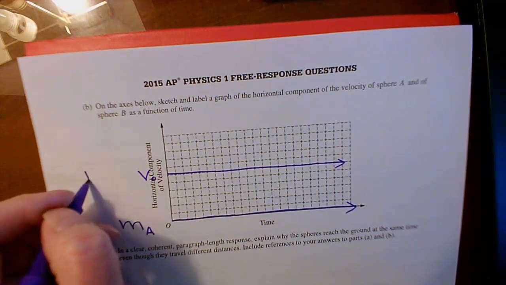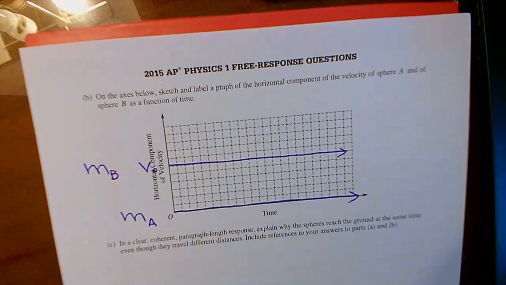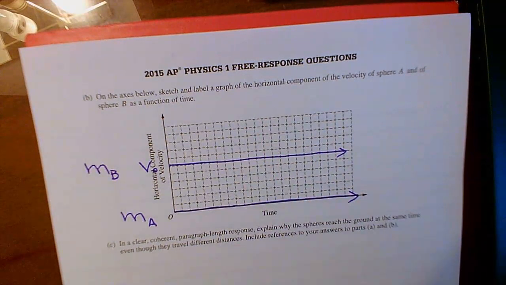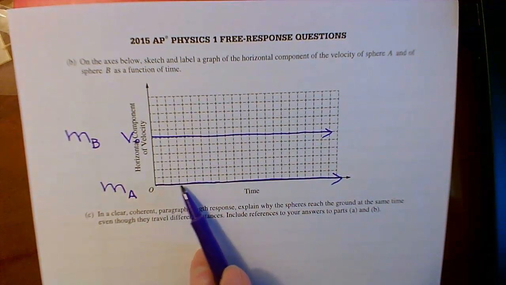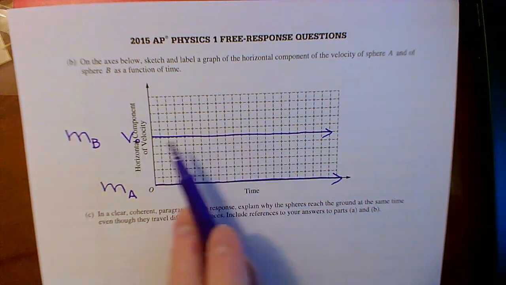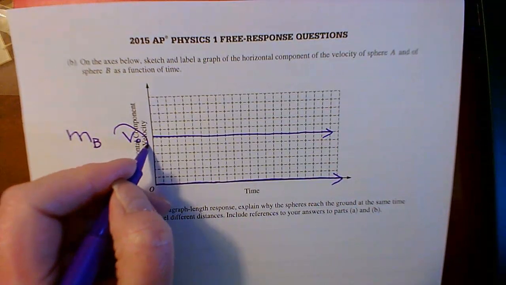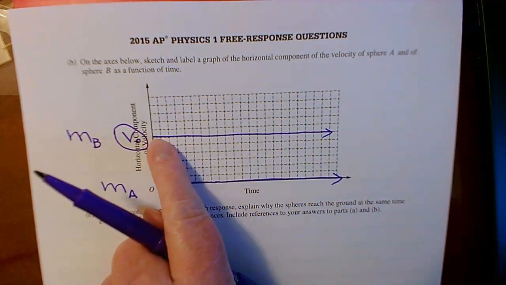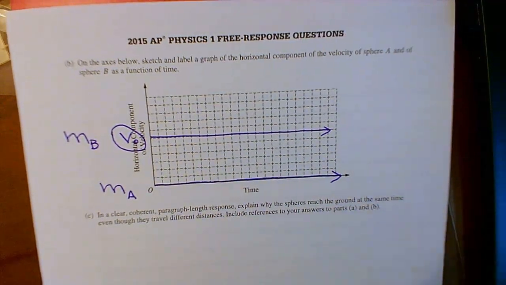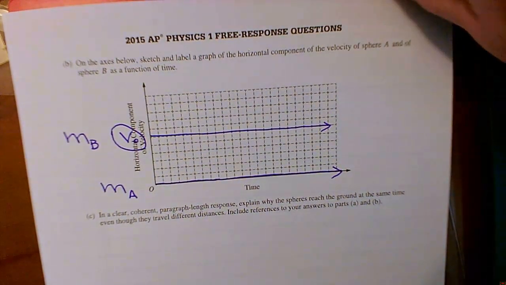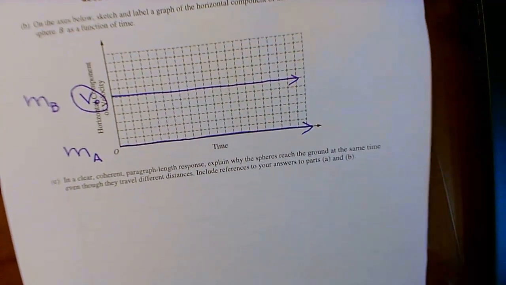And then that's sphere B. So again, it didn't matter what I picked, but for the person who's correcting your exam, they can see that this one is not the same as this one and that it remains constant. But when it said label, that's why it was really important that I labeled this y value as v0, given in the problem. All right, this is supposed to be an example of a paragraph length response question.